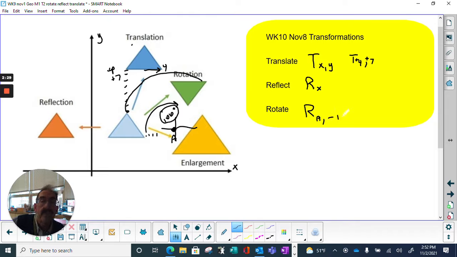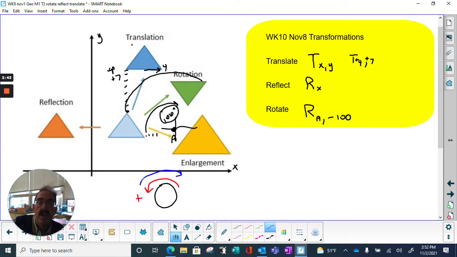Now, remember in math, if we have a circle, positive is in the counterclockwise direction. Negative is in the clockwise direction. So in this case, we went negative 100 degrees. We could do positive.